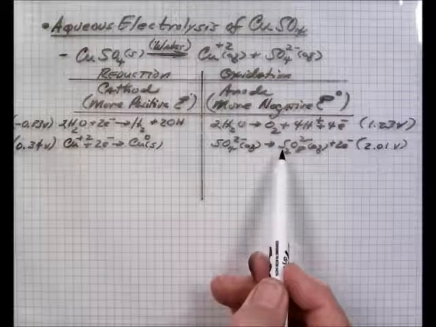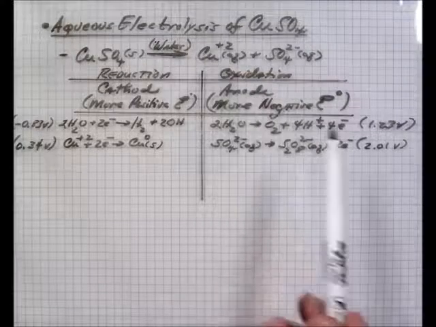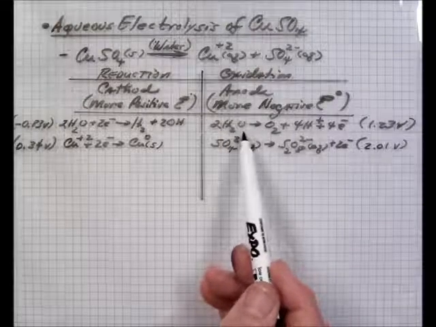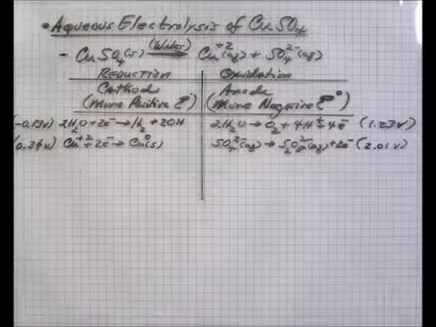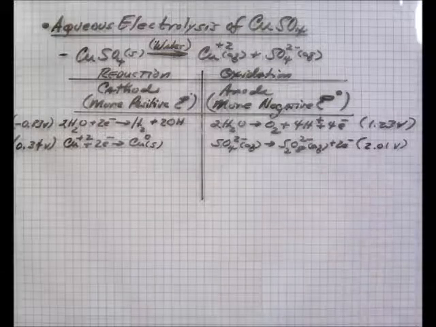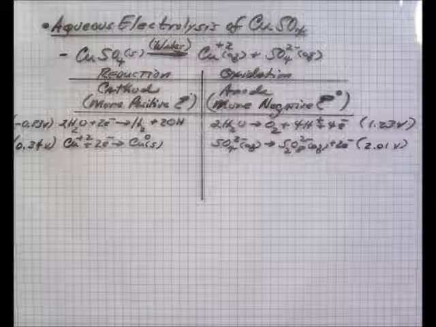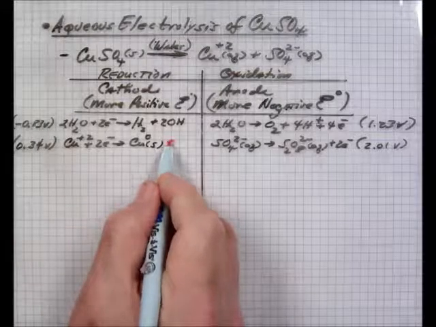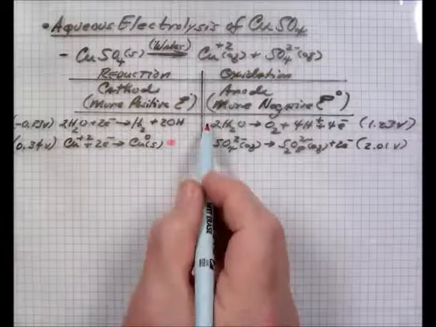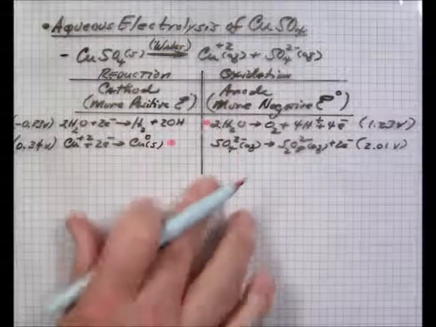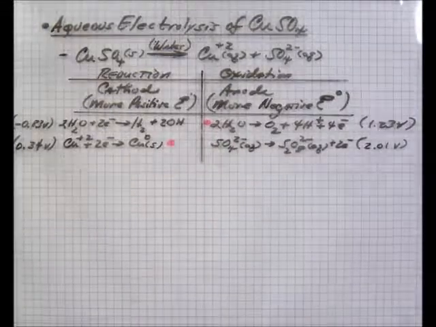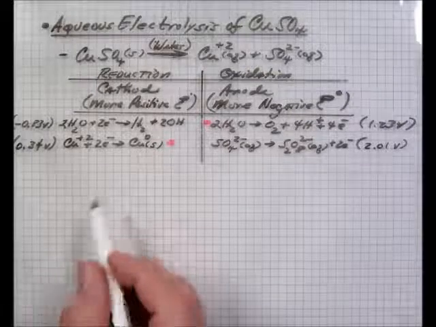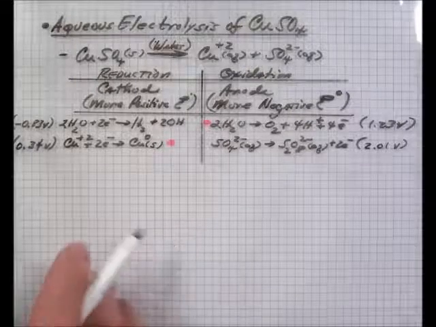And then over here we look at the more negative, and so it looks like the water is dominating in this one. So we can mark those. I just put a dot here. This one's dominating, and of course that one's dominant. So we'll write those two reactions and add them together to get the net reaction.